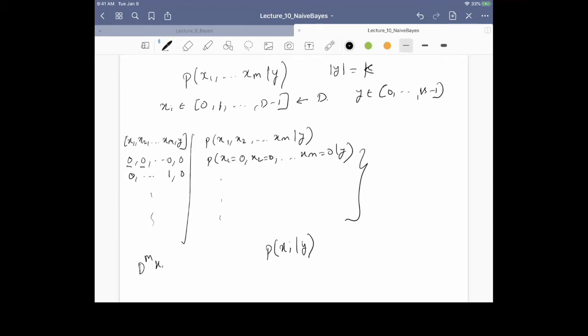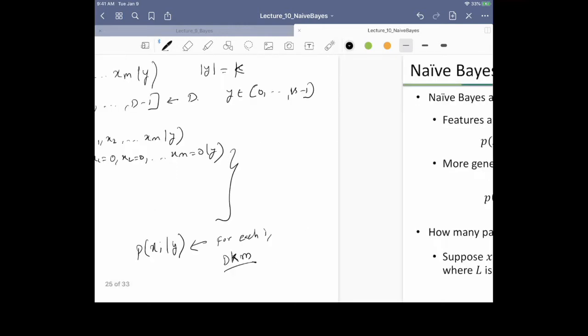Because each xi has d possible values, for each feature, for each i, there will just be d multiplied by k number of parameters here. And this is d multiplied by k multiplied by m, where m is the number of features. So this is the configuration of Naive Bayes.